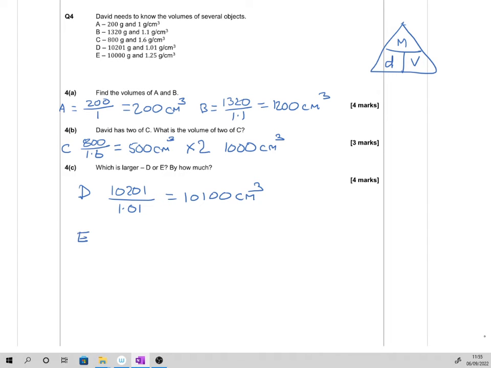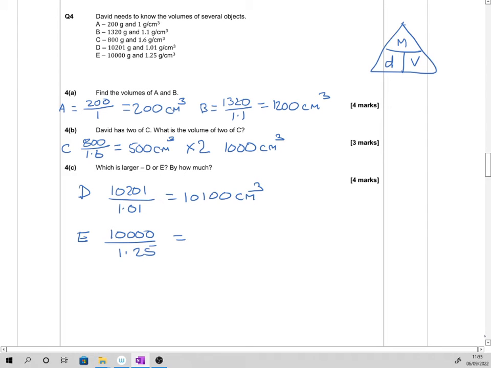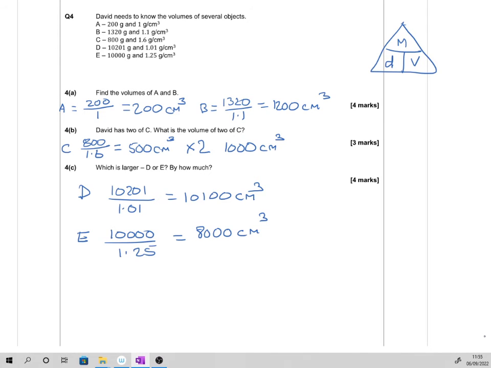And E is mass divided by density, which is 10,000 grams divided by 1.25, which is 8,000 centimeters cubed.